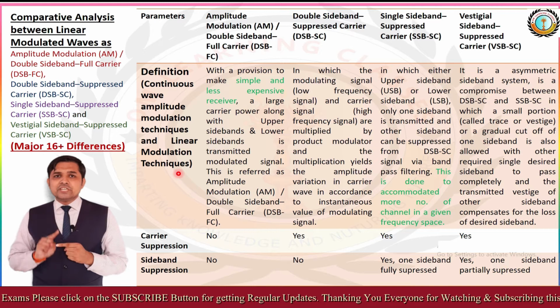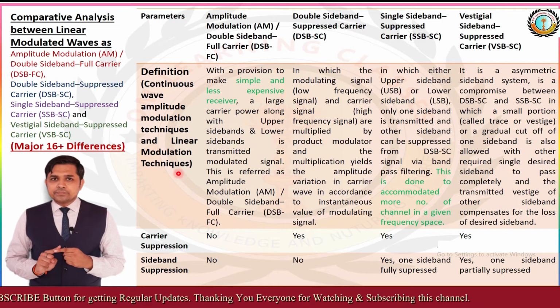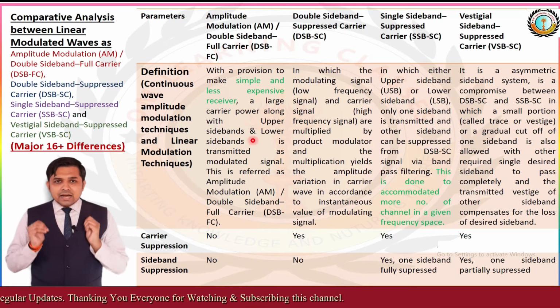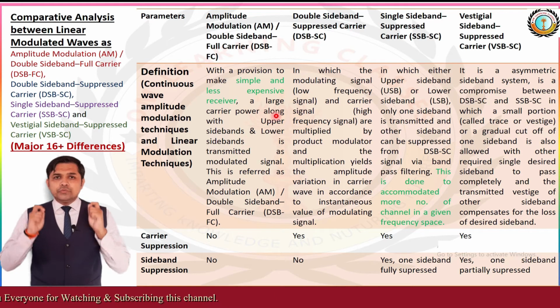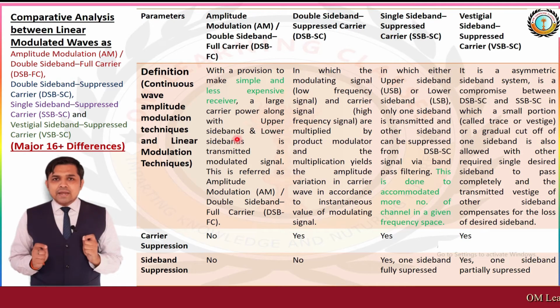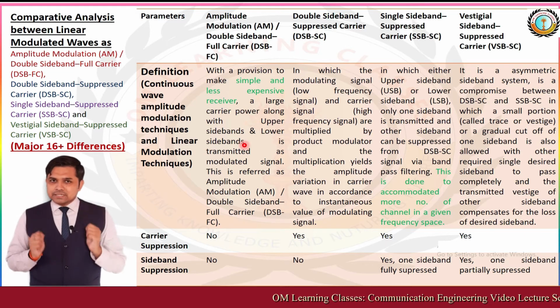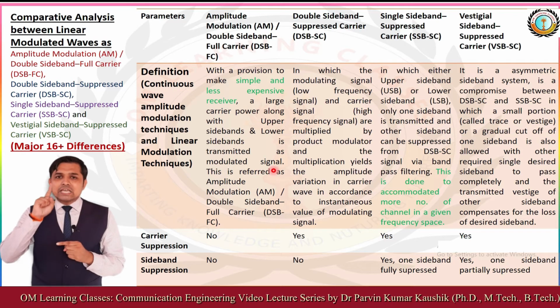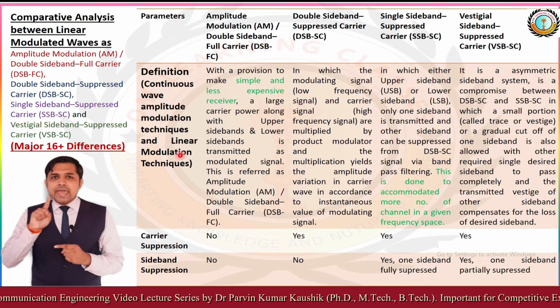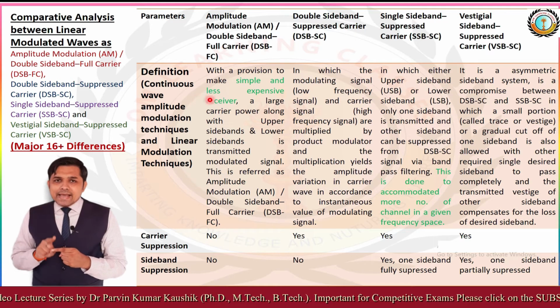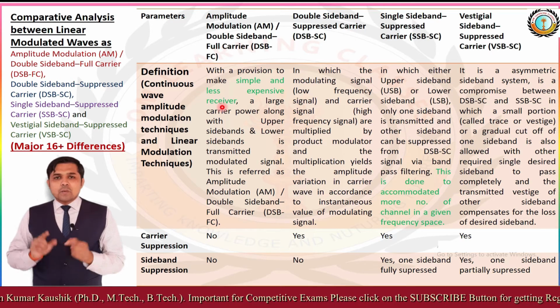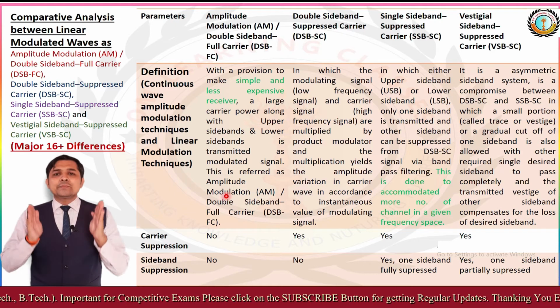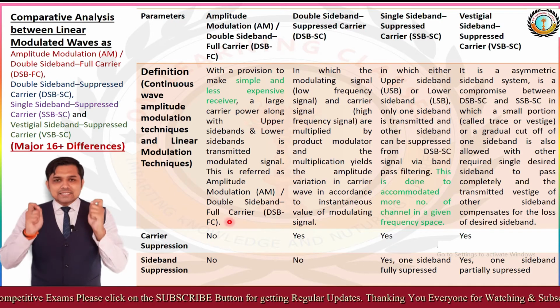So, for the definition of DSB full carrier, a large carrier power along with sideband power, which is upper sideband and lower sideband, is transmitted as modulated signal, and this makes possible a simple and less expensive receiver by utilizing an envelope detector at the receiver end.